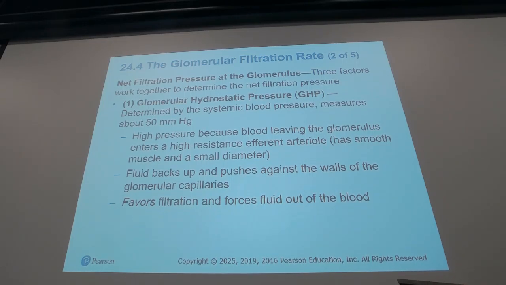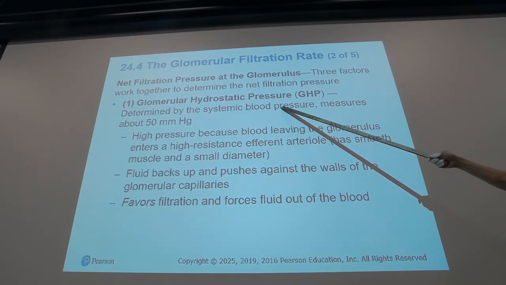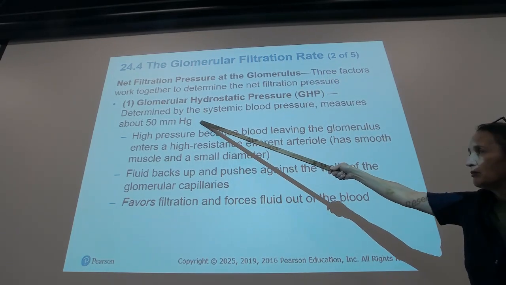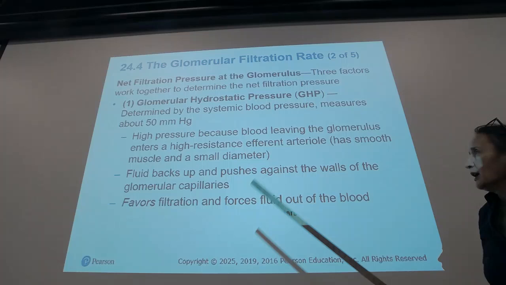Then when you take into account the pressure in millimeters of mercury of each of these, and then you subtract them, you end up with NFP, or net filtration pressure. Now, the hydrostatic pressure that we have in the glomerulus, or GHP, is 50 millimeters of mercury.